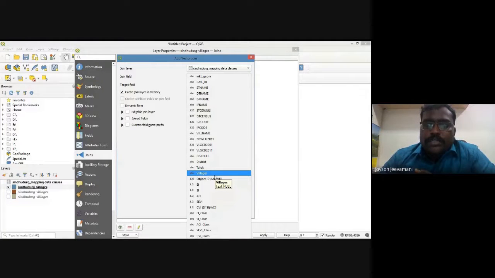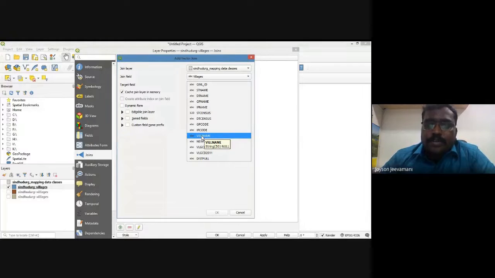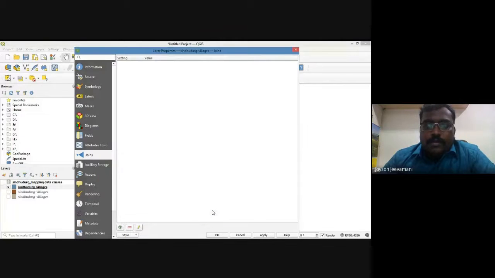One orange is from this CSV file, and this should match exactly with the village name column in the shape file. This will cross-check the names in both files and join them. I'm clicking OK.